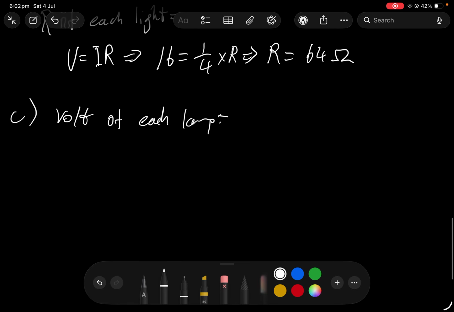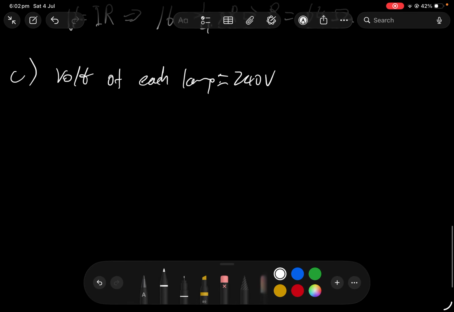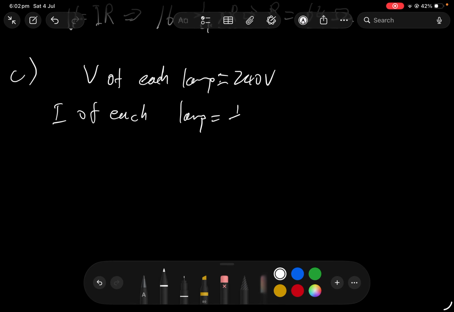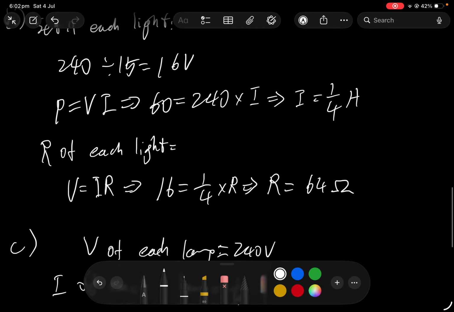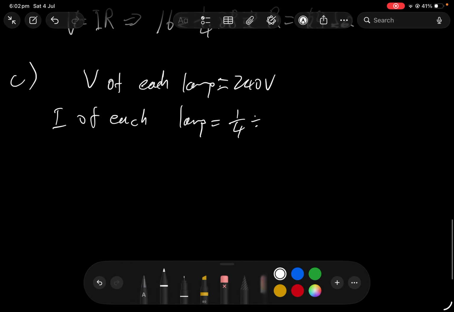Equals 240 volts, and the current of each lamp equals 1/4, which is calculated here, divided by 15, which equals 1/60 amps.